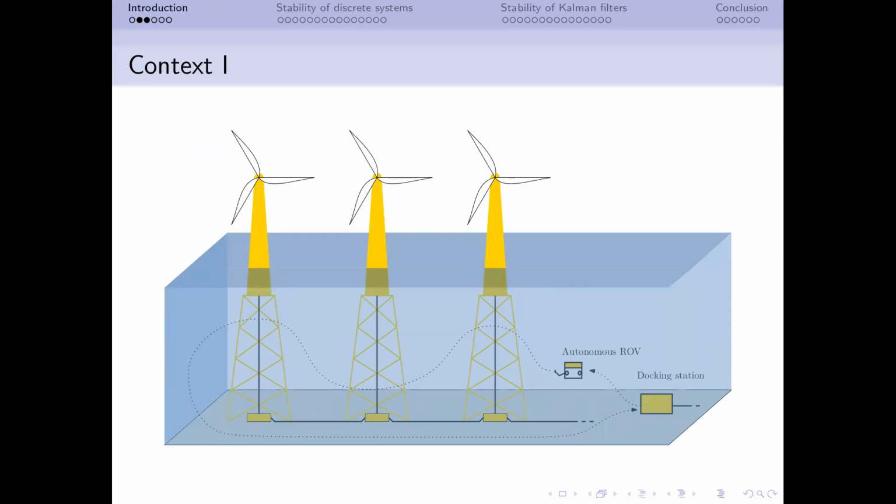Quickly for the context, the goal of my thesis was to explore the methods that can be used to dock an AUV inside a docking station.